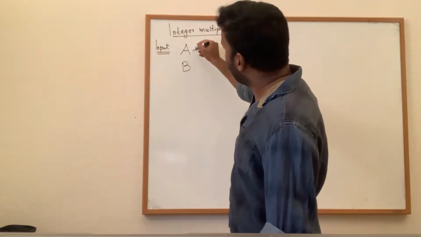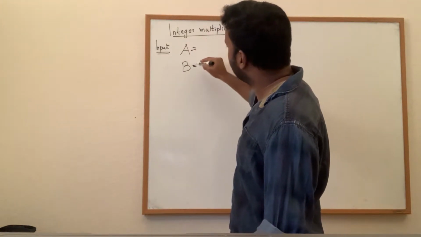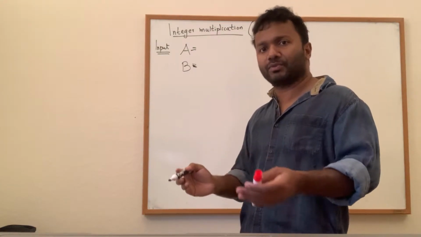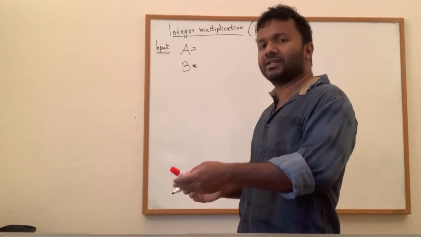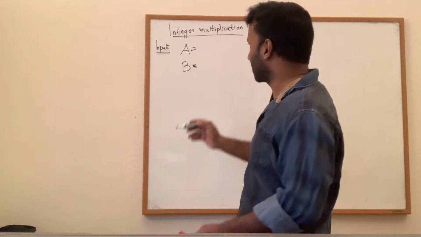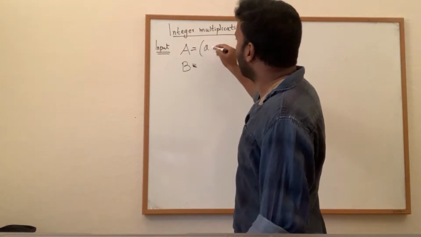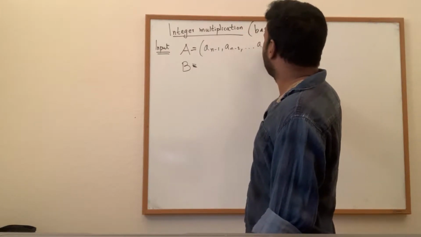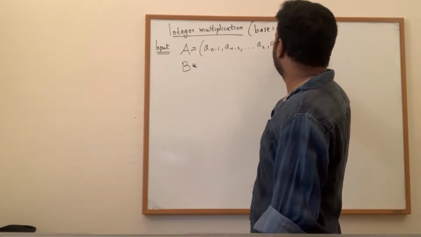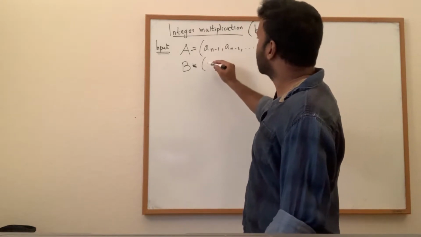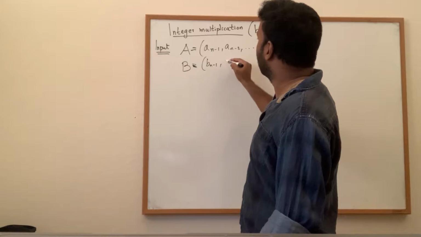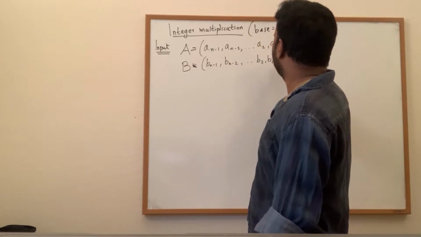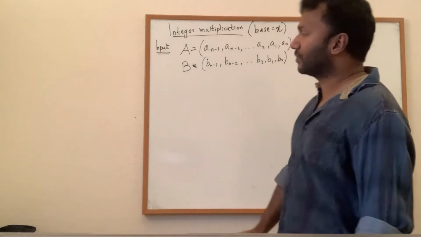Alright, so A is given in the form of a sequence of n single digit numbers corresponding to the least significant digit until the most significant digit. For example, A is given as a n minus 1, a n minus 2, dot dot dot, a2, a1, a0, and B is given as b n minus 1, b n minus 2, dot dot dot, b2, b1, b0.